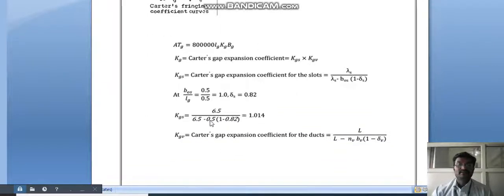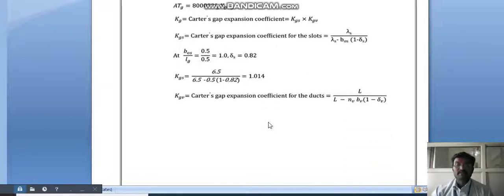Kgs is equal to 6.5 divided by 6.5 minus 0.5 multiplied with 1 minus 0.82. That Kgs value will be 1.014. Kgv, Carter's gap expansion coefficient for the ducts, is l by l minus nv bv into 1 minus delta v.